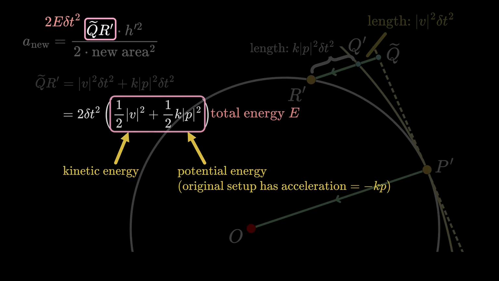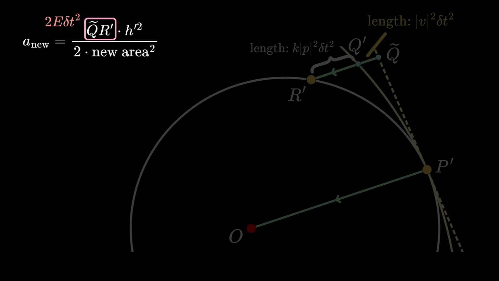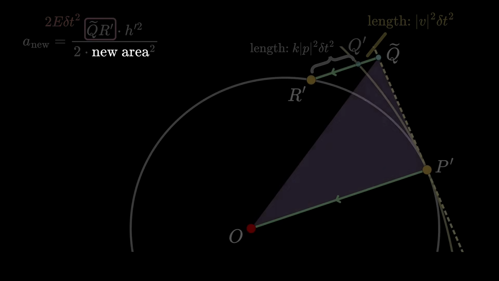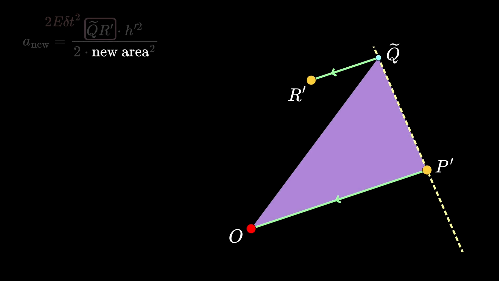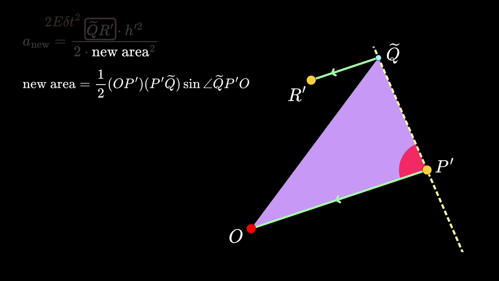That's the numerator of this formula done, and we are left with the denominator where we need to compute the area of a triangle. The triangle is this one, bounded by Q tilde, P prime, and O. There are many ways to compute the area, but we choose this one, where we compute half the product of two lengths and the sine of the included angle. The length OP prime is mod P squared because P prime is represented by the complex number P squared.